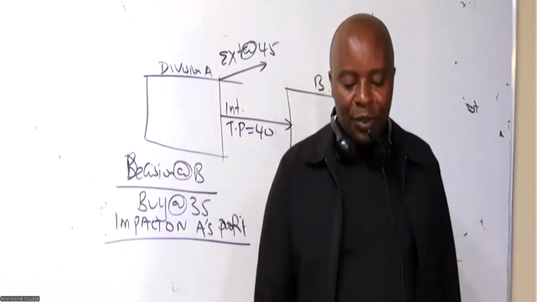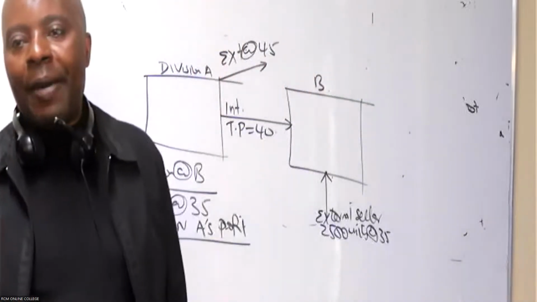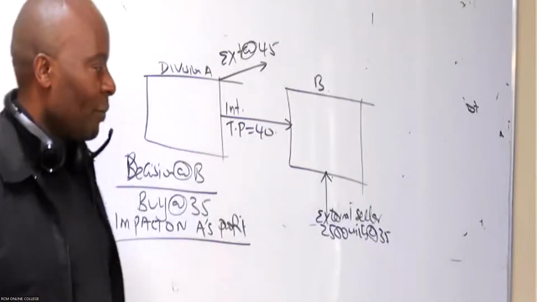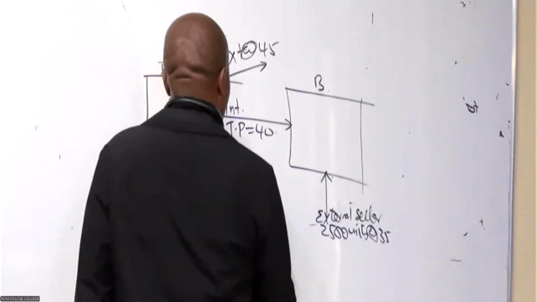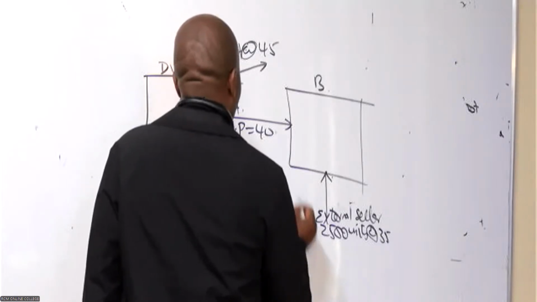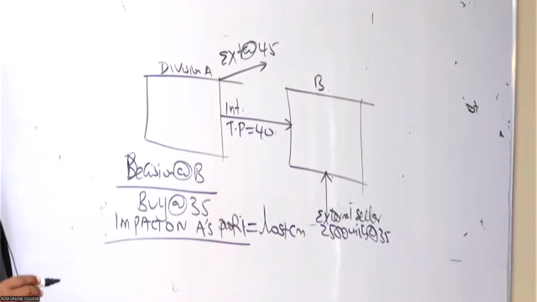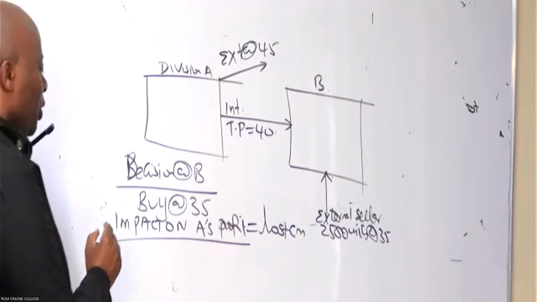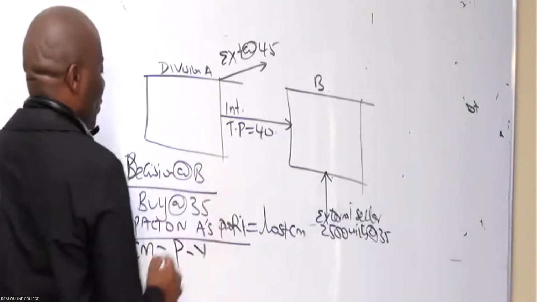Let me give you a second, ladies and gentlemen. You always calculate the lost CM, the lost contribution margin. So for the impact on A's profit, give me the lost CM. And of course, you are pretty much aware that CM is price minus variable cost.